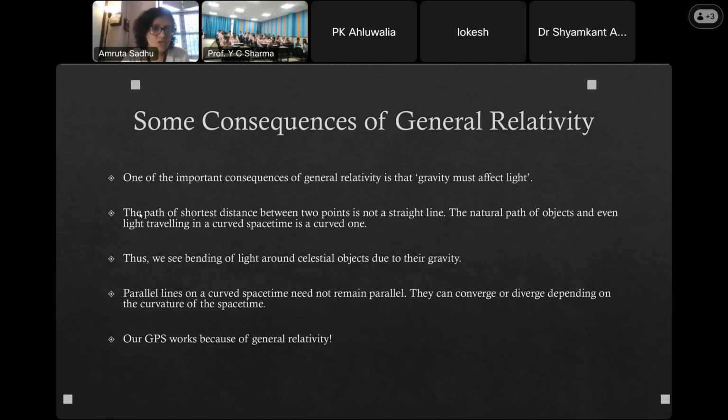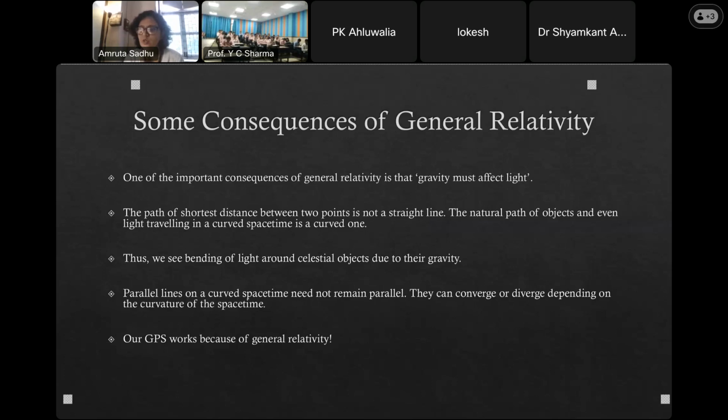Another consequence of this is that the path of shortest distance between two points is not a straight line, right? If I tell you to move from one place to another, what will you do? You will go in a straight line, if you have no obstacle.